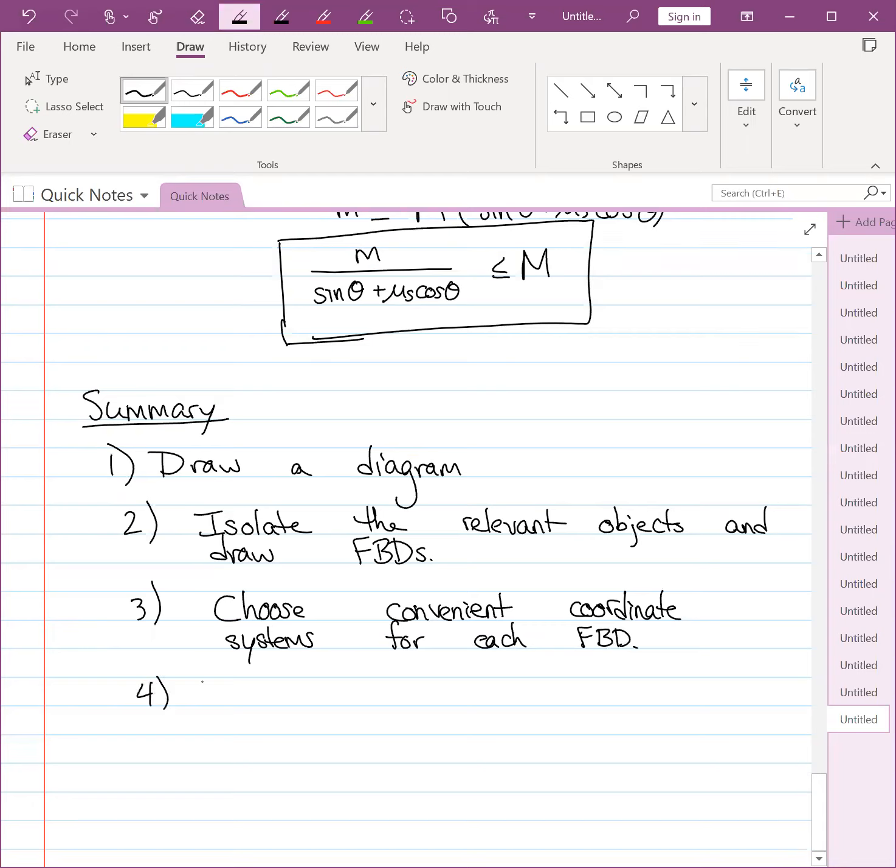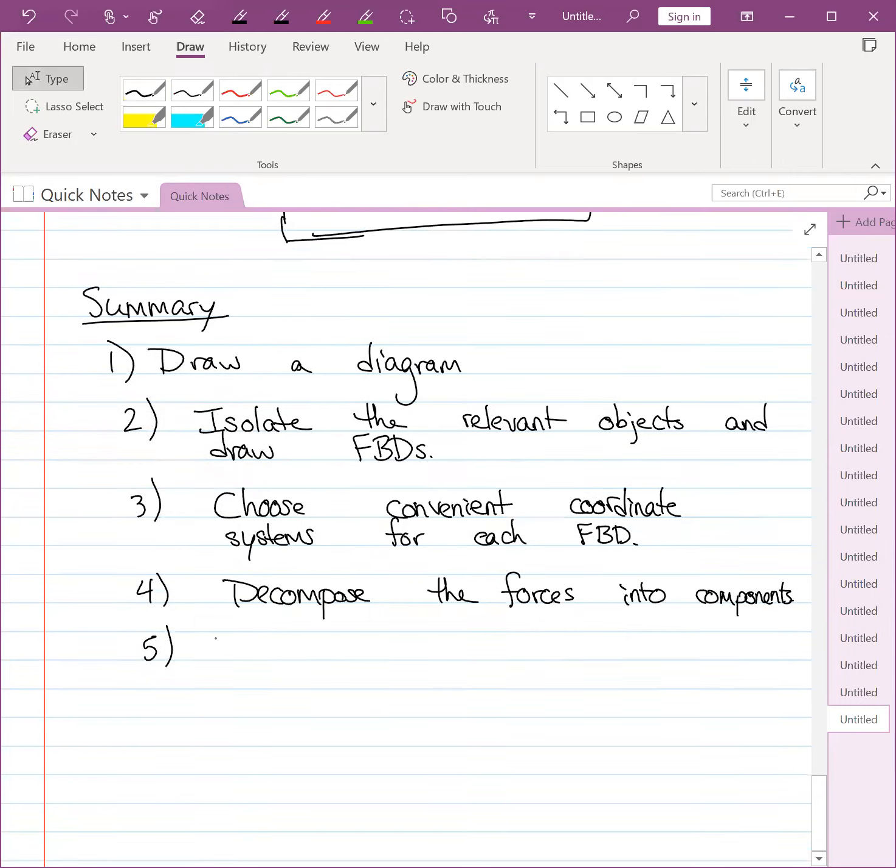Step 4, decompose the forces into components. We need to find the x component and the y component of each force. That way we can add them up and find the net force in each direction. Step 5, after using that decomposition of forces, find the net force in the x direction and the net force in the y direction, and apply Newton's second law.